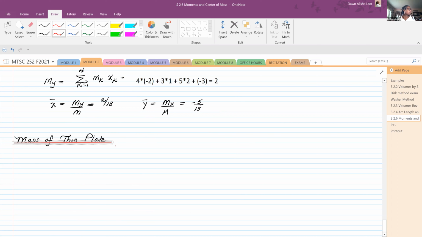So for the center of mass of a thin plate, all right, actually, I'm going to go on to the mass of a lamina because that's where I really want to be.